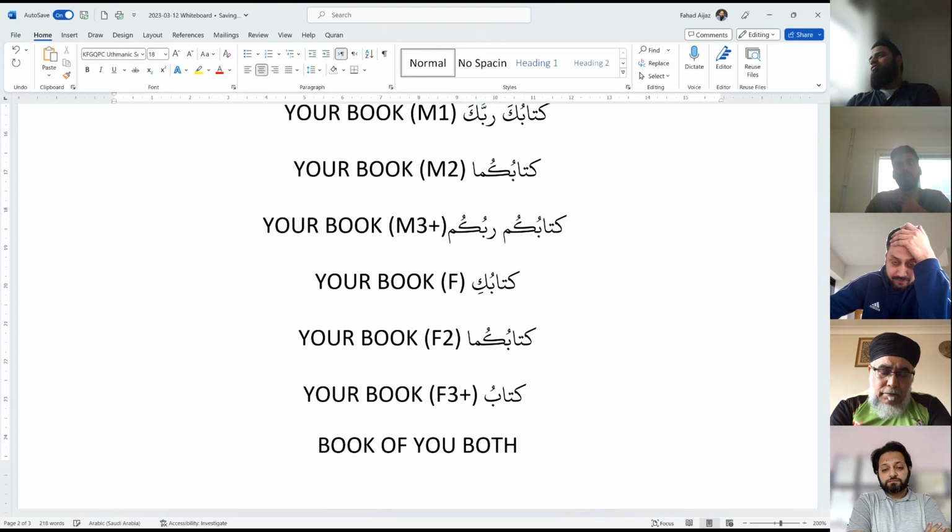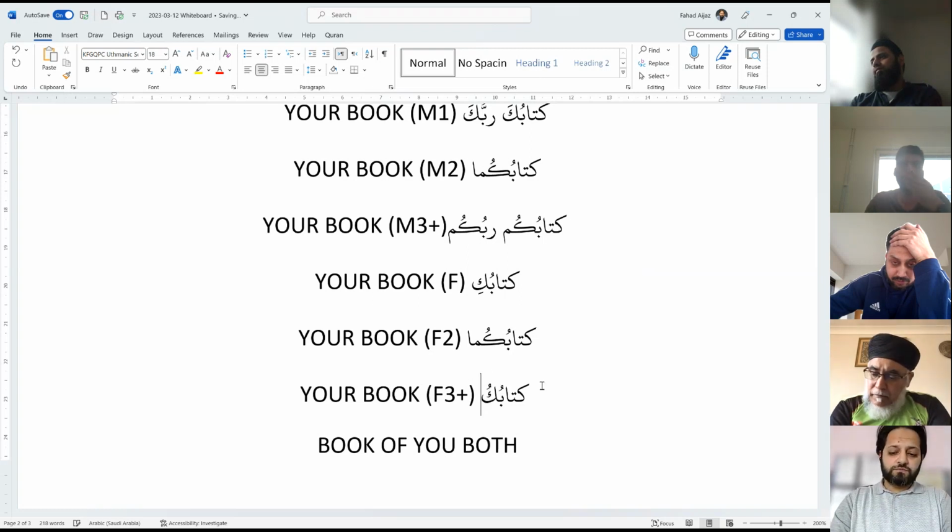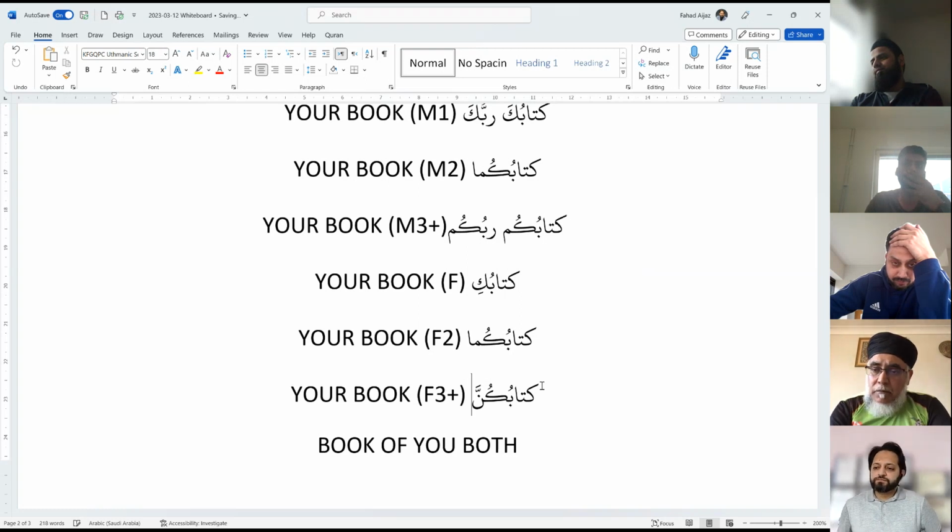So it will be kitabukunna. Antunna is the independent form, and the attached form of Antunna would be kunna. Kunna. Right?